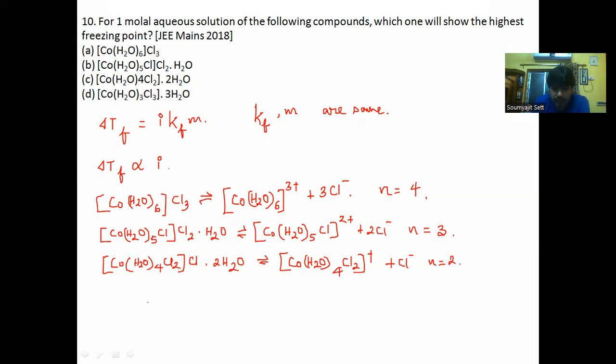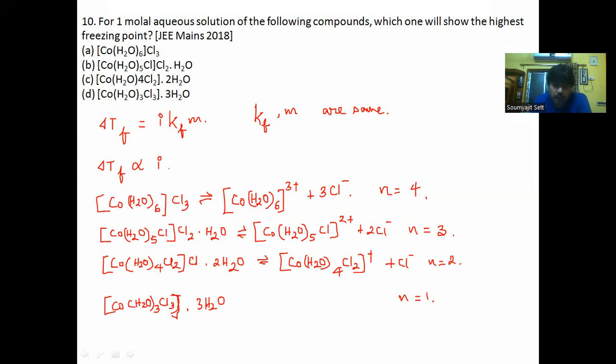And in a similar way, the last one will not dissociate at all. It is a non-electrolyte, so n is equal to 1 here. Now, the maximum number of ions is for the first one, then it will decrease gradually.